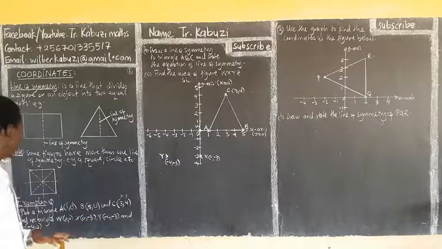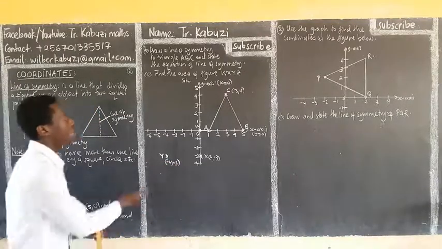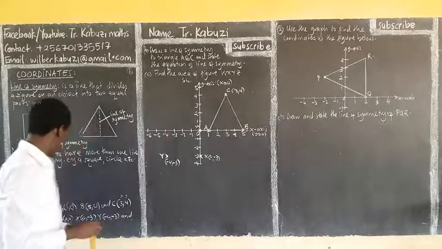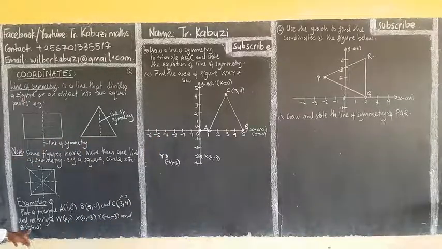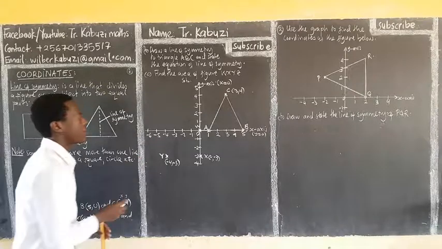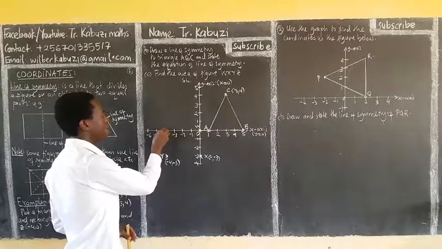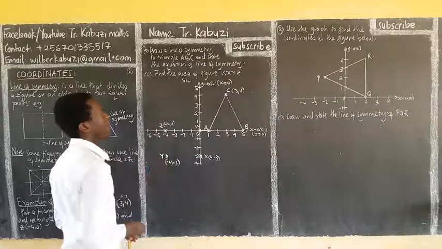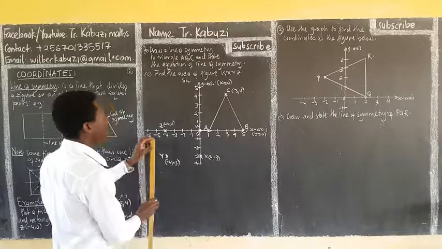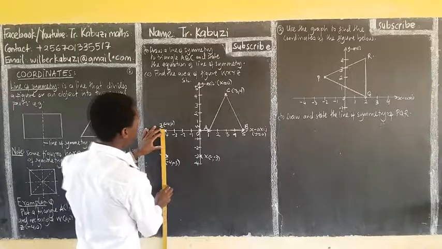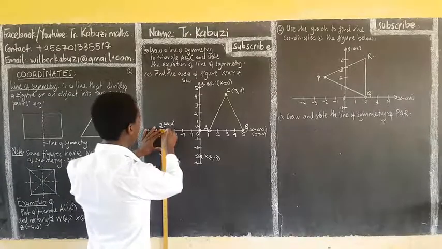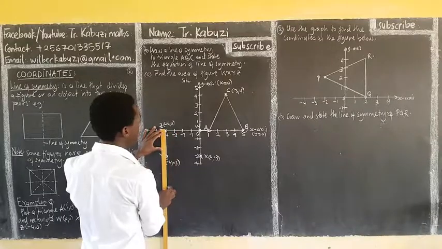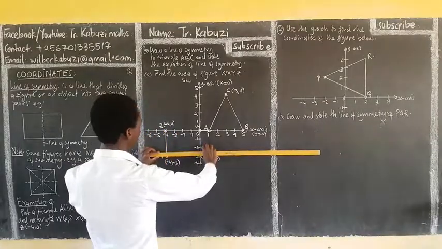Then I come to my Z, negative 4, 0. So now the X is negative 4. Then the Y, I'm not moving from that point. So that means this point. This is my Z, negative 4, 0. Then we join to make this rectangle. So I join this point to this point, then this to this.